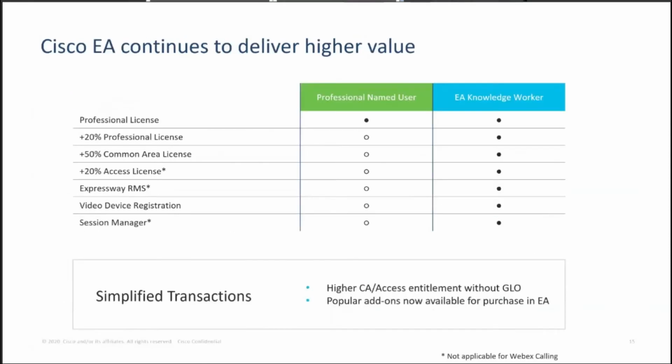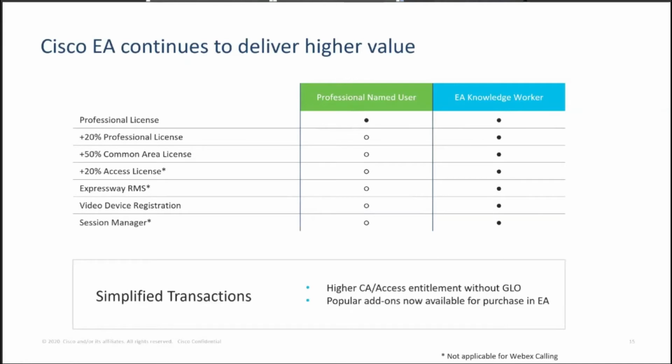So let's just compare the named user versus the knowledge worker on an enterprise agreement. So if you have a professional level license and you're on named user, you're going to get that license. You'll get that on EA as well. But the EA, again, offers the 20% growth. So if you have 250 knowledge workers, you're going to get 300 licenses because Cisco gives you 50 licenses in that scenario, 20% of your knowledge worker count.